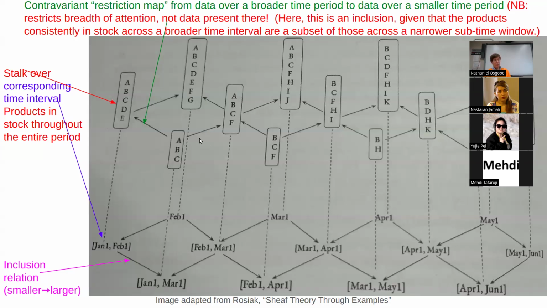And if I now restrict it down to February 1st to March 1st, this A is the same as that A. And then I restrict it down to February 1st, it's the same A here. But if I had this A for January 1st to March 1st continuously in stock, and I consider it related to this one from January 1st to February 1st, it would be this A, and then map to this A. And they have to coincide. They have to commute.